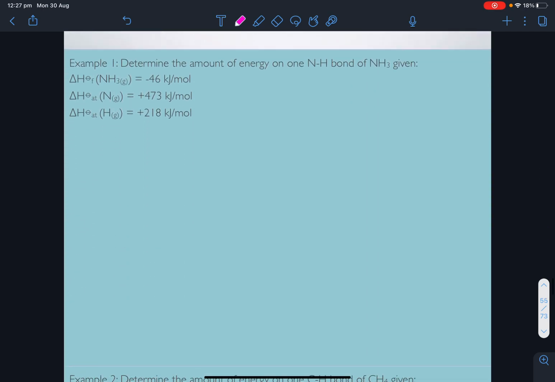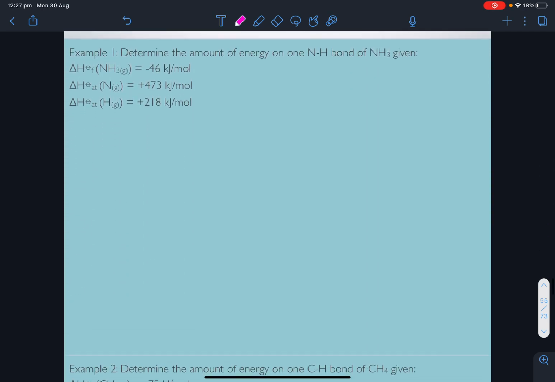So let's do an example here. Determine the amount of energy in one nitrogen-hydrogen bond of ammonia given. Notice what the question here is asking. Here is ammonia. I haven't drawn it in 3D, I'm sorry. But we've got 3 bonds, okay? And we've got 3 identical bonds.